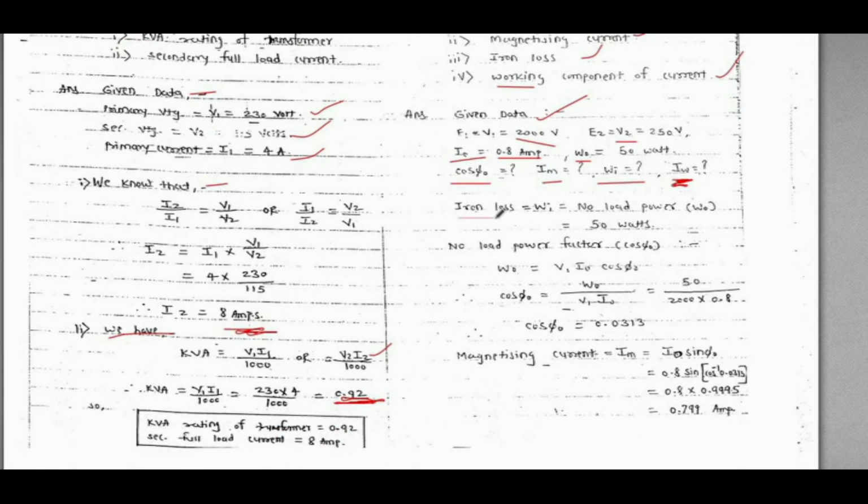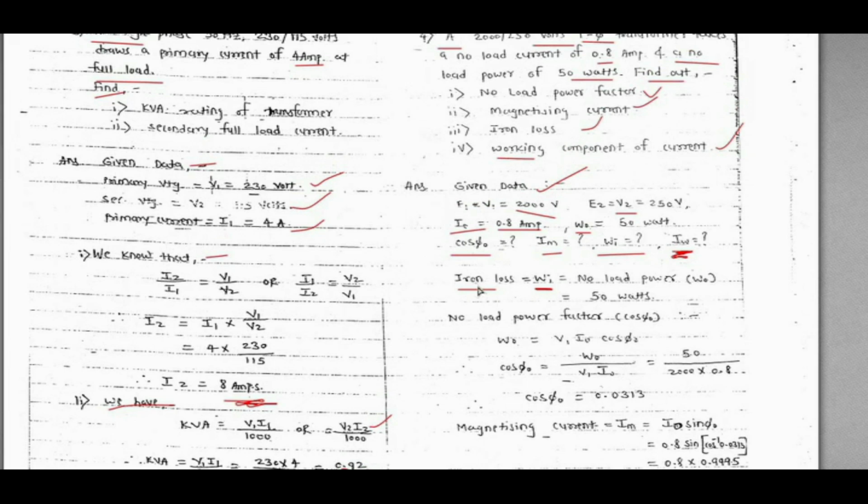Here iron loss is nothing but Wi. At no load, whatever power is utilized by the transformer is the no load power, denoted by W0, and it is given by the iron loss, that is 50 watt. It is given here, W0 is 50 watt.